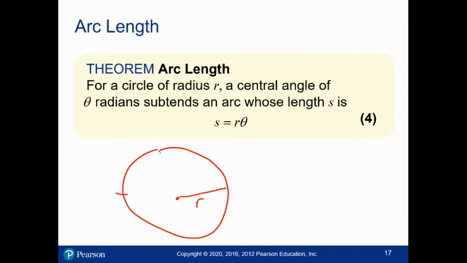Then what I do is I measure off this angle, and I call it s. And the question is, how many multiples of r was that length? Maybe it was equally long to r, it was 1r. Maybe it was twice as long, so it was 2r. Maybe it was 1.8 times as long, it was 1.8r.